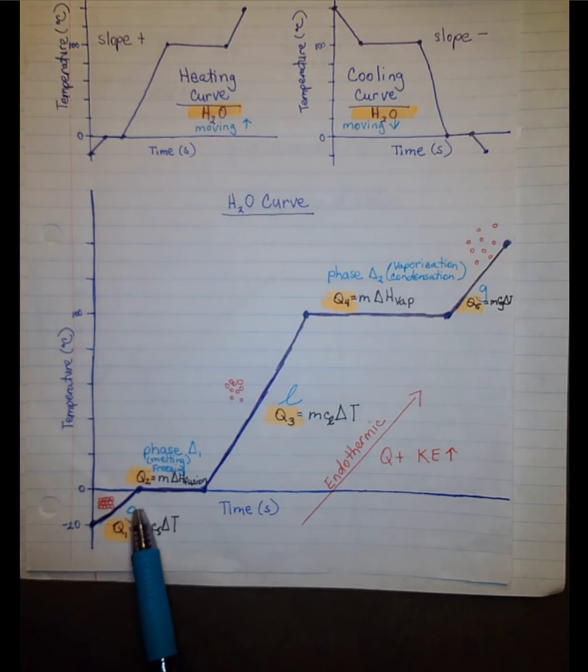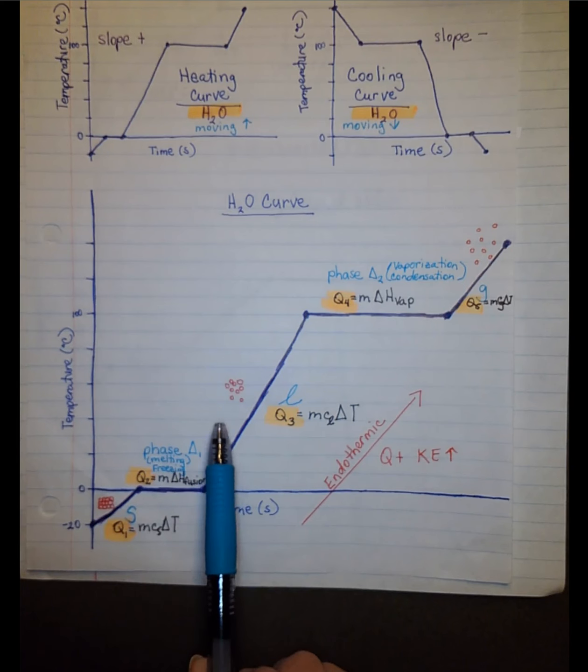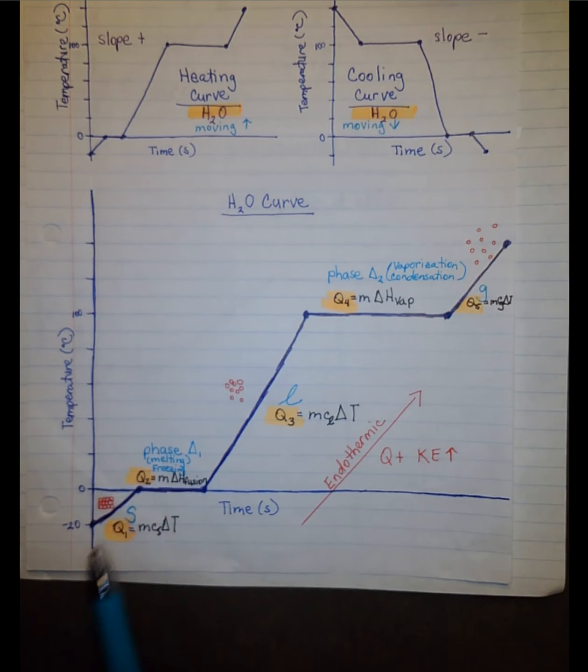Now, if you look at the first plateau line here, Q2, this is where phase change occurs, so we call this phase change 1. What I mean by phase change is that at this particular area, this is where the substance changes phase. If you were talking about the heating curve, the substance will melt.